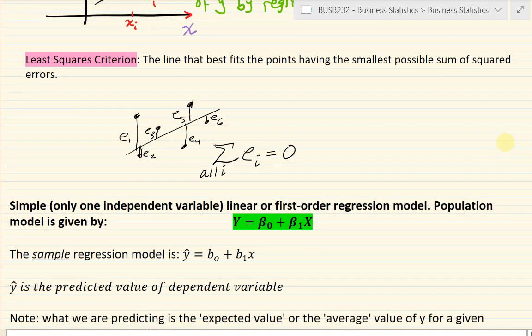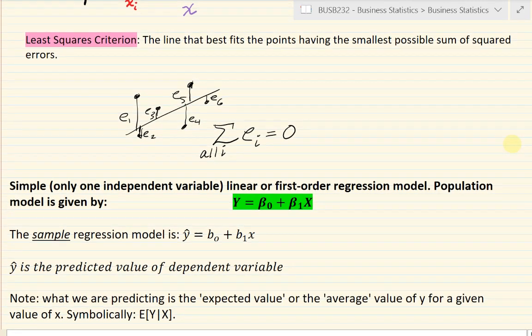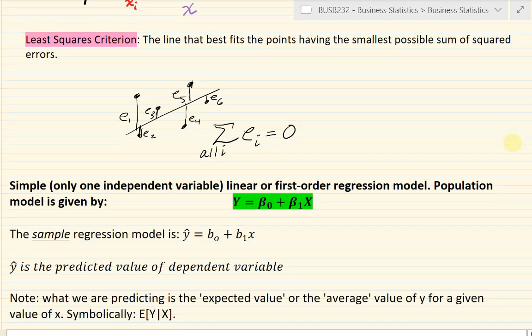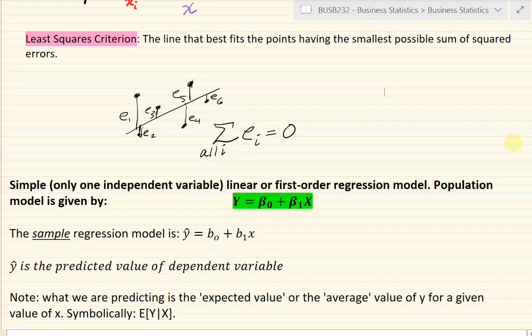And the y hat, of course, is a predicted value. Now, just a note as far as what it is that we are predicting. What we're predicting is what we call the expected value or average value of y for a given level of x. Symbolically, that's what we're doing.